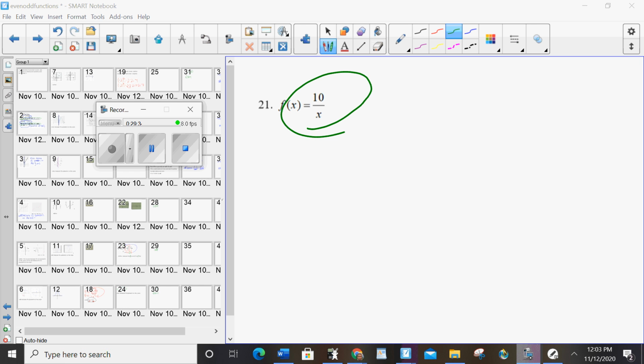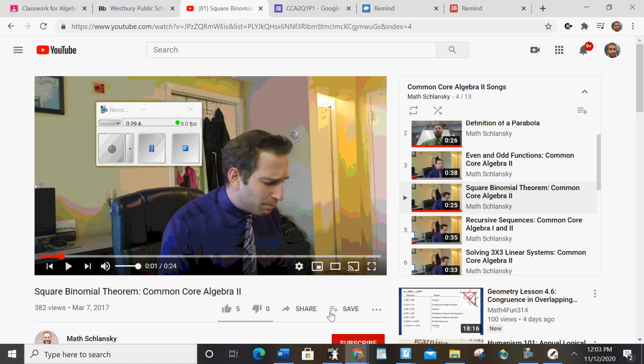So this was kind of a long lesson, a very long lesson. There's a lot of stuff that's important to know about even and odd functions, how to do it both graphically and algebraically. And again, to sum up what you need to know about even and odd functions.